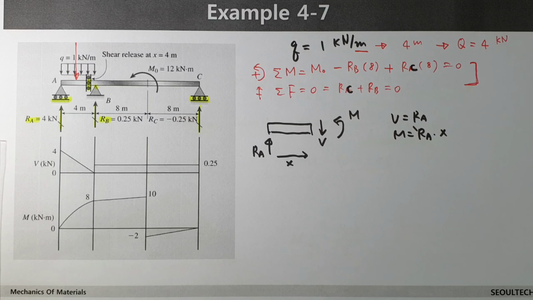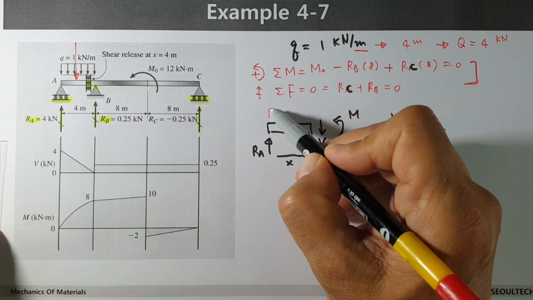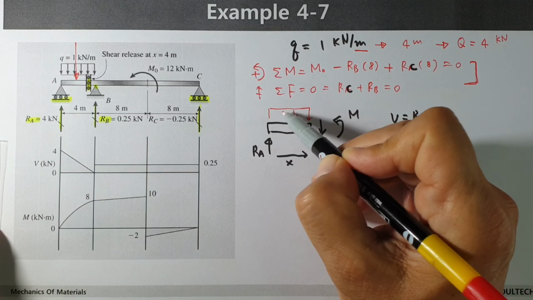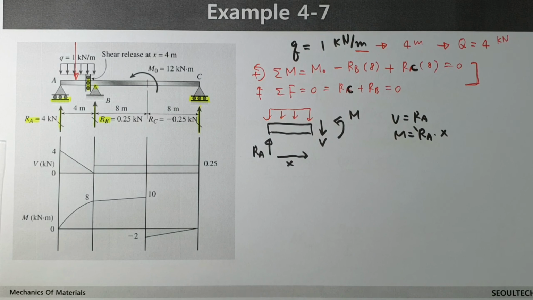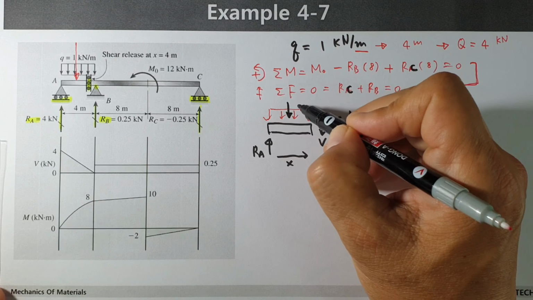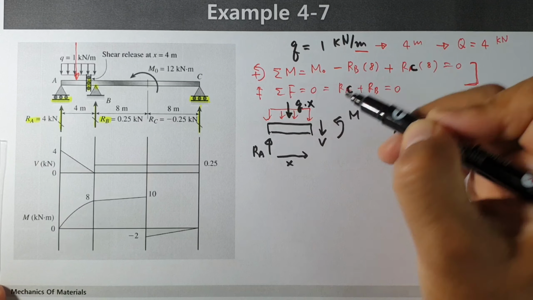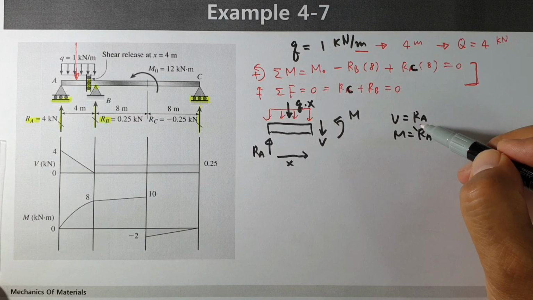Here something missed. We must consider here the distributed load. I missed this one. Then equivalent force is what? This force is what? Q is multiplied by X. And then when you consider this one, then V equals what?